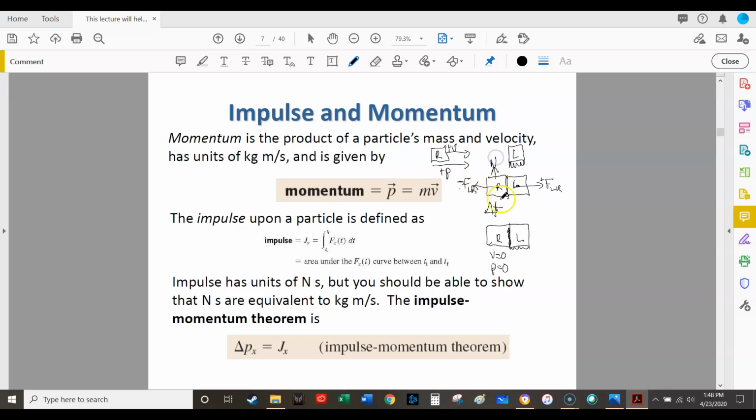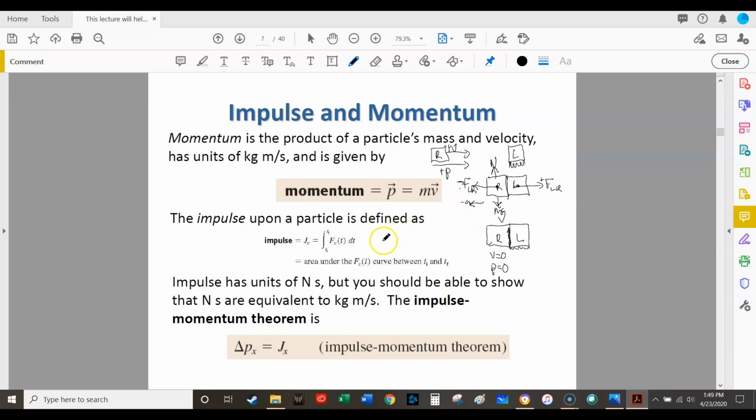Let's do a little itty-bitty force diagram here. And so it's got an mg down, it's got a normal force up, and it was being accelerated to the left because it was being slowed down at the time.